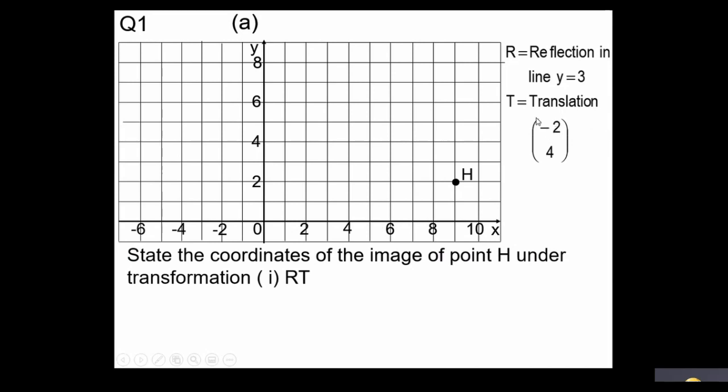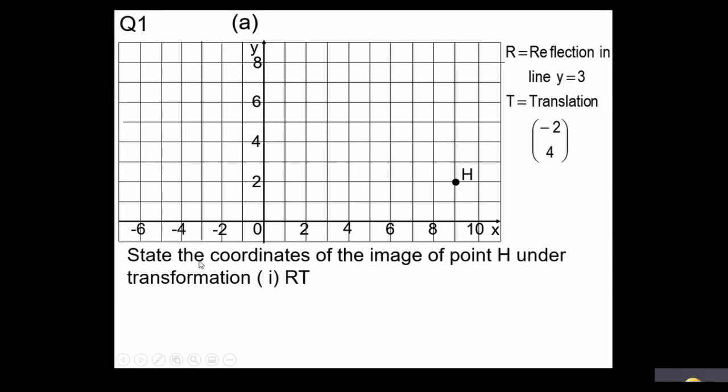So negative here means you have to go left. If you have positive here, you go right. Then the number at the bottom means you go up or down. You look at the y-axis. Positive, go up. So you are supposed to go left 2 units, then go up 4 units.